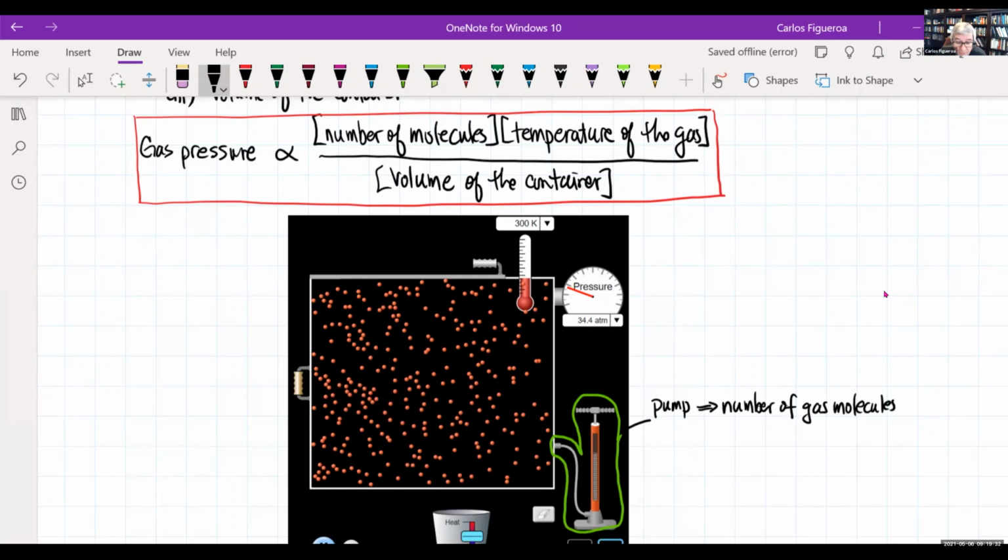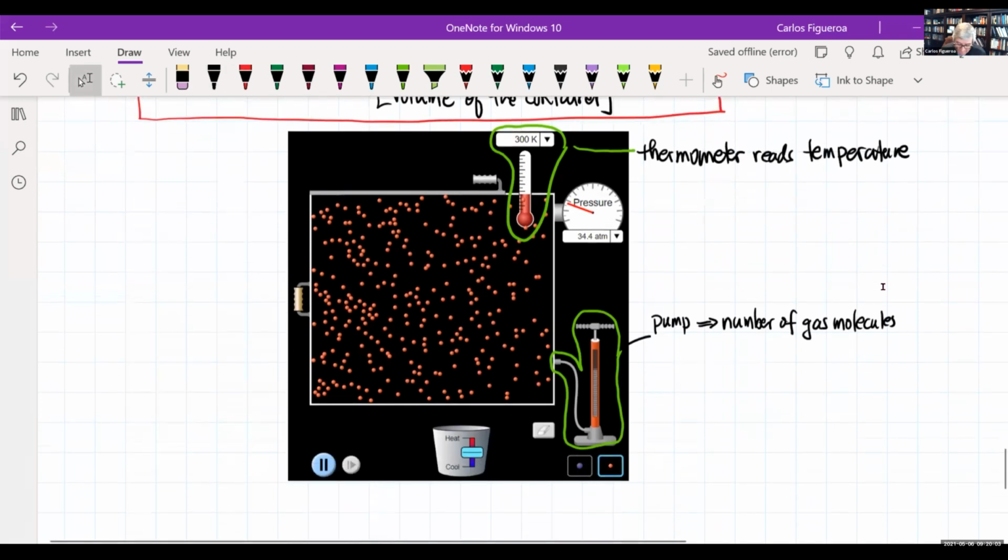And this guy over here is our thermometer, right? This is our thermometer. And our thermometer reads temperature. So that just tells us about the temperature, but it's this guy over here though. This guy right here tells us about hot and cold.